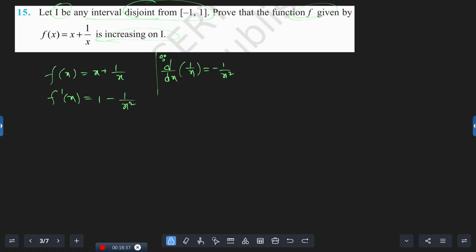If you want to find the x value, what you have to do is put f dash of x equal to 0. What am I getting? 1 minus 1 divided by x square is equal to 0. Sending the negative term opposite, 1 is equal to 1 divided by x square. When you cross multiply, 1 into x square is equal to 1.